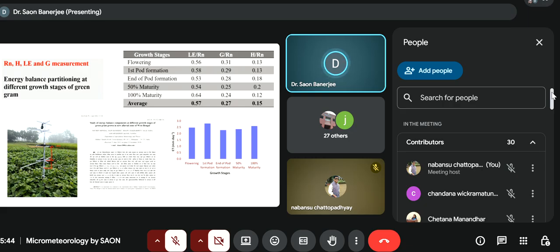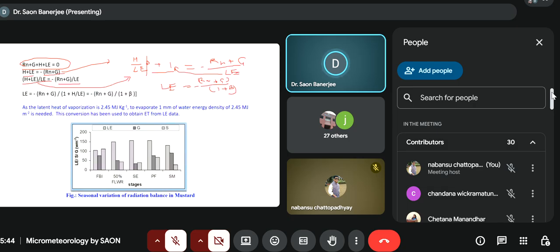From relative humidity you can calculate vapor pressure, plus you need net radiation through a net radiometer. So through that you can know the net radiation, and the latent energy from the soil, temperature at two different depths.